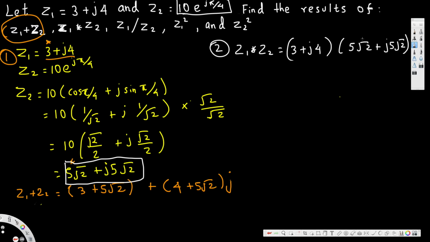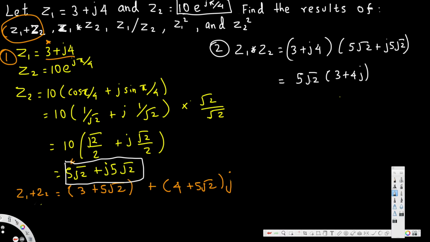Here we can do one thing to make it simpler. We can take a 5 root 2 common. If you take 5 root 2 common, this is going to be just 3 plus 4j, and since we take the 5 root 2 out, this one is going to be just 1, and here we will have just j.